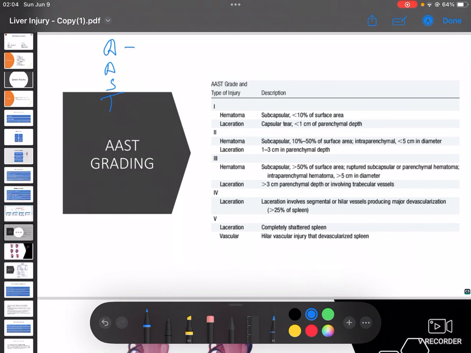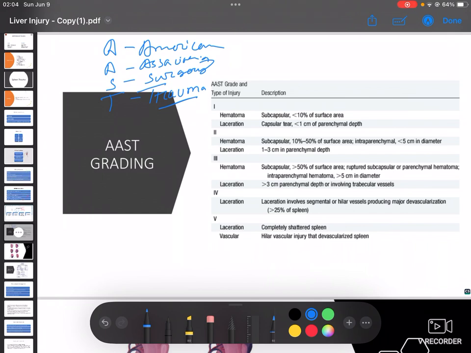The A is for American Association for the Surgery of Trauma.